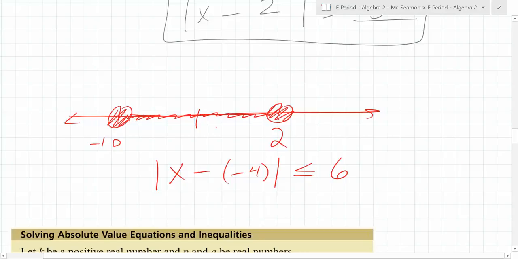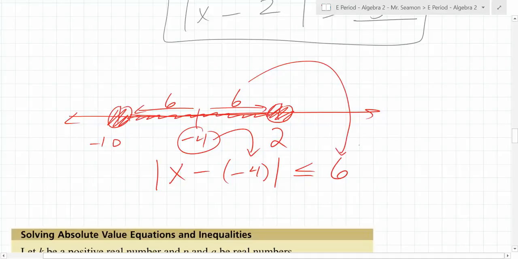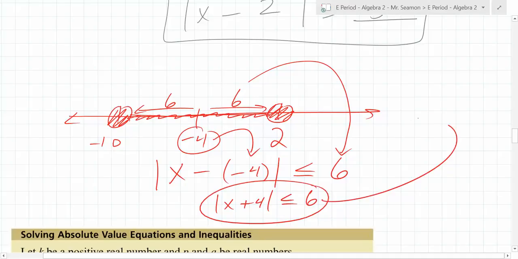Because what's the middle? What's in between -10 and 2? -4. And what's the distance to the 2? And what's the distance to the 10? 6. So where does that -4 go? It goes right there. And where does the 6 go? Right there. So this right here, x plus 4 is less than or equal to 6, is the algebraic absolute value inequality that represents that part of the number line.